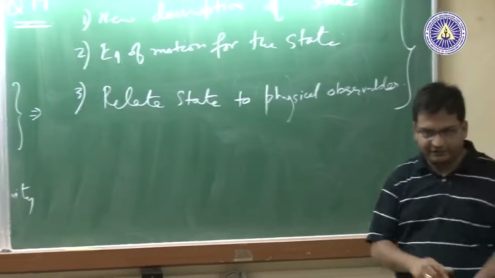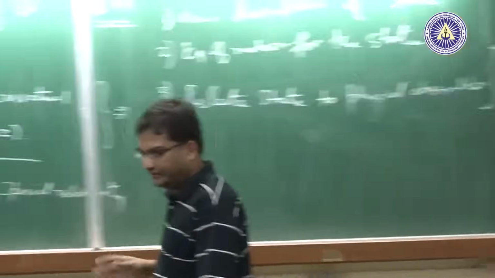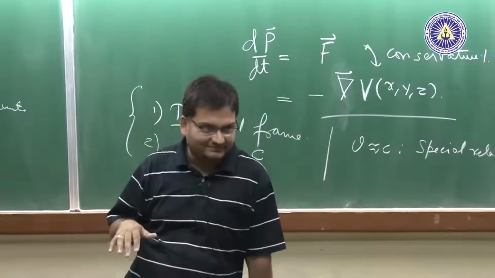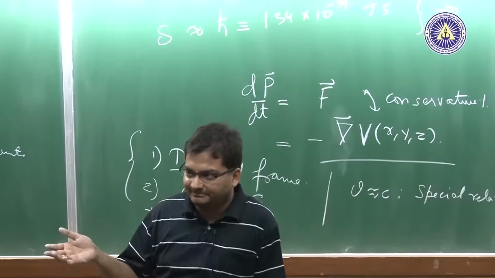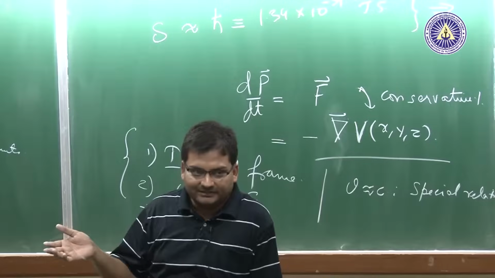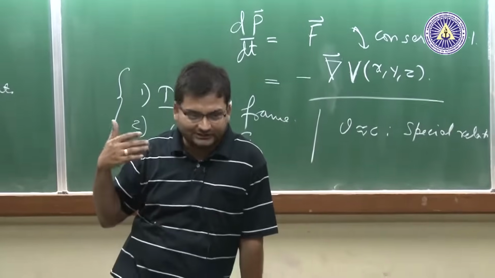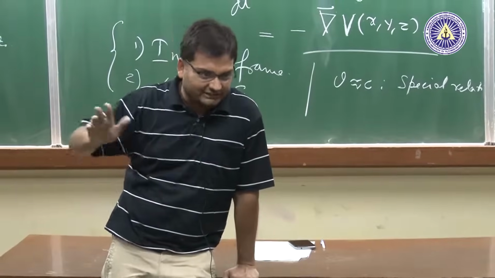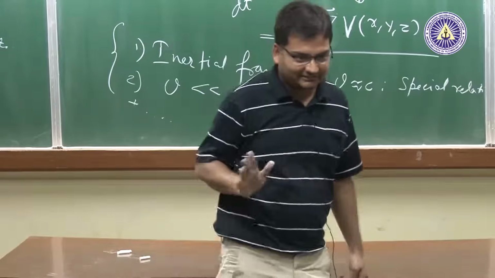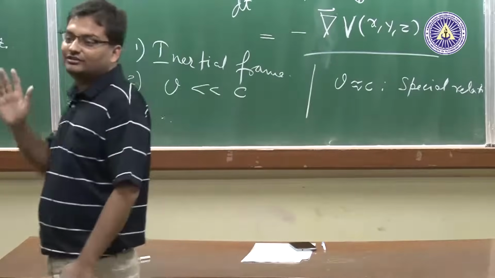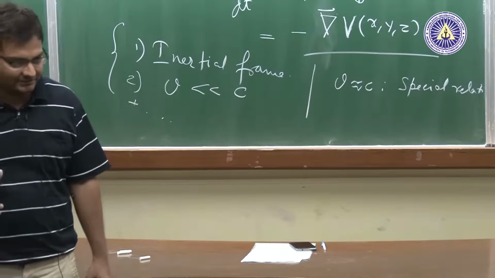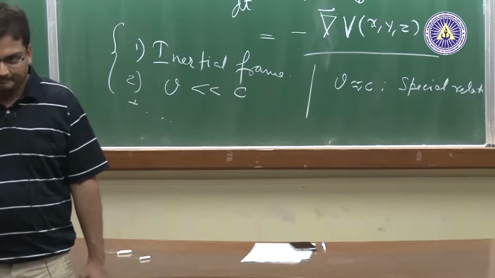So this should be a trait for any theory, any new theory roughly. Regime of validity, something to describe the state of the system, then some equation of motion which governs the dynamics of the state, and of course, in general the state can be very abstract. So I should have a prescription to convert it into something which can be experimentally measurable.